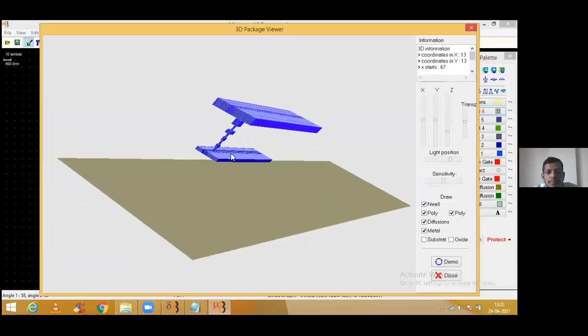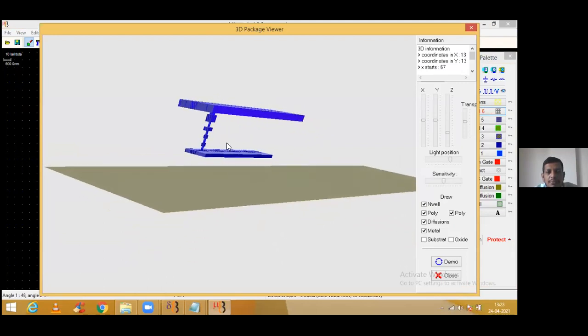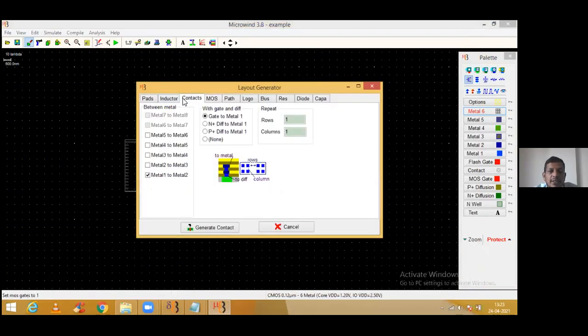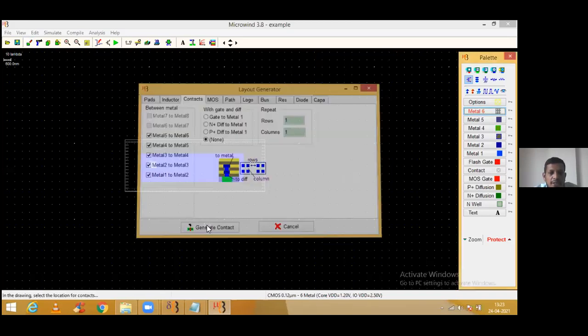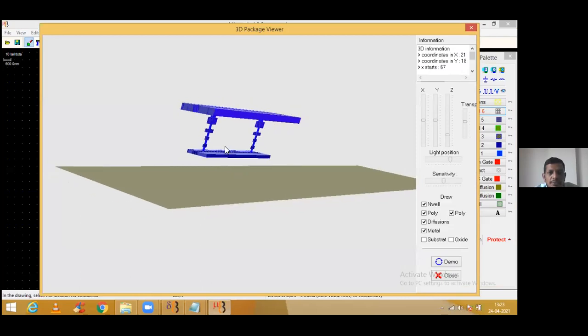Metal 1 and Metal 6 are connected with each other. Am I right? Or in case of contacts, we can directly use it, as it has 6 metal layers. So I can click on metal 5 and 6, all contacts, generate a device, and place it over here. So that is again feasible.